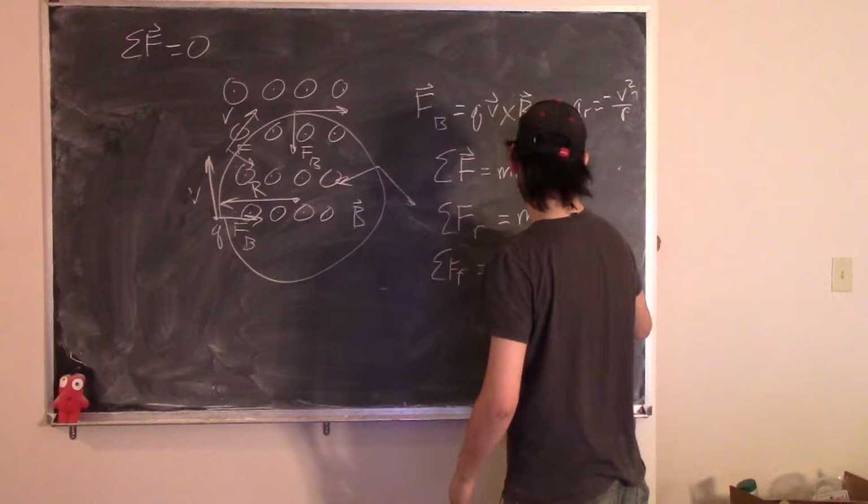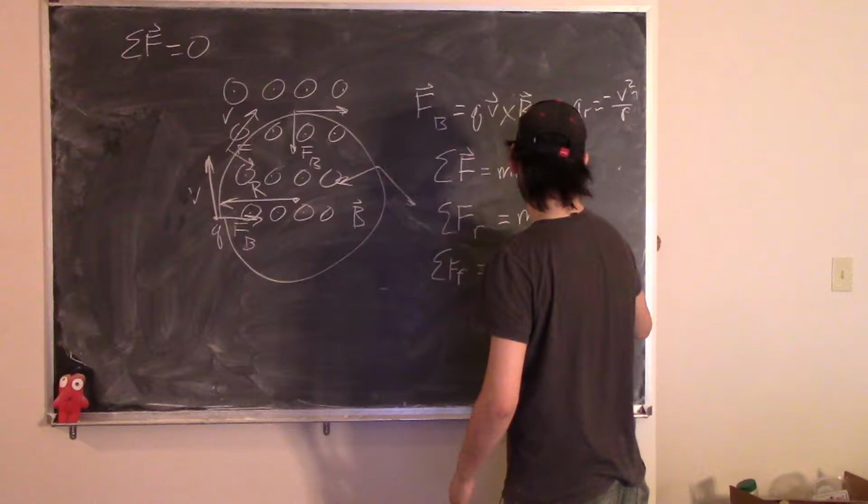But when we do this, F_B is equal to q v cross B, this is also into the circle. So if I'm over on this side, this is a negative component here. So F_B is really minus qvB. And so I can take this and plug it in here. Minus m v squared divided by r is going to be equal to minus qvB.